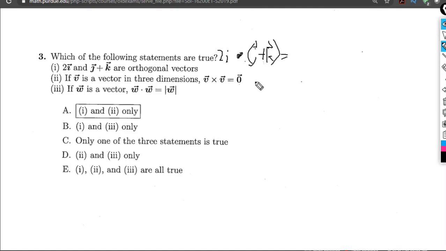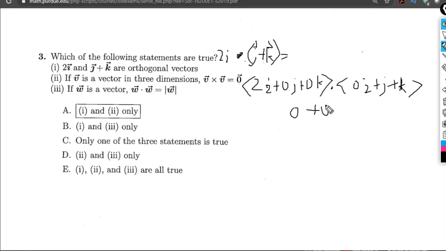The first vector is 2i plus 0j plus 0k, and the second vector is 0i plus j plus k. All those should have the little hat, but that's fine. The dot product results in 0 plus 0 plus 0, which equals 0, confirming that they are orthogonal to each other. So number 1 is true.